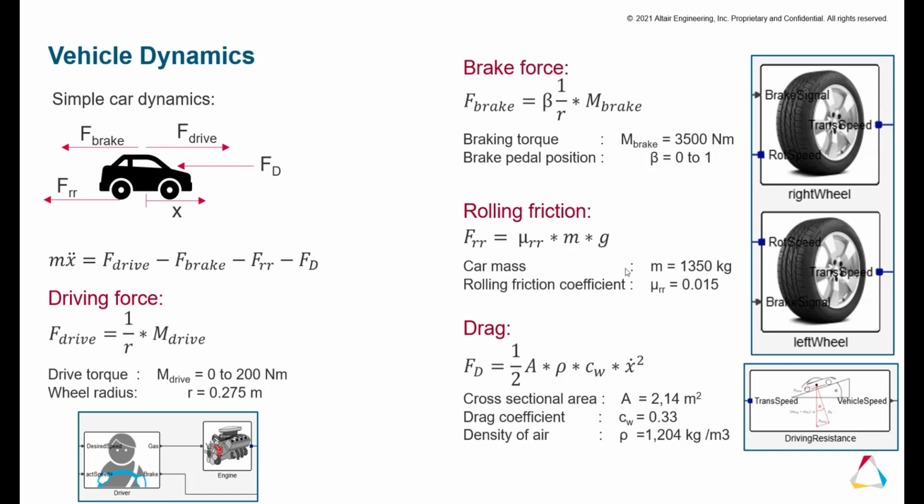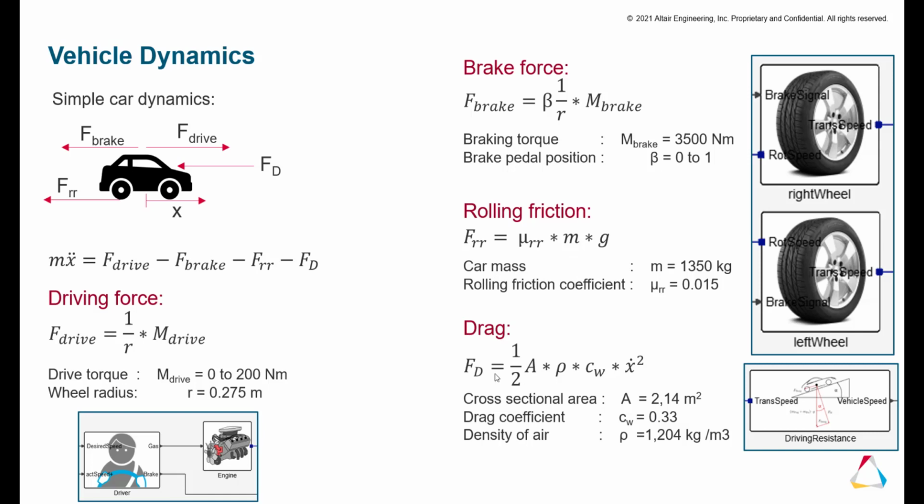And then the rolling friction was also in these right wheel and left wheel blocks, which was a rolling friction Modelica block, provided the mass of the car and the friction coefficient, and in essence it applies an opposite force, again in the opposite direction of the driving force.